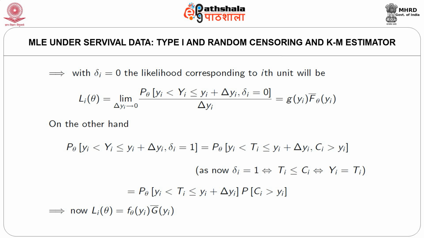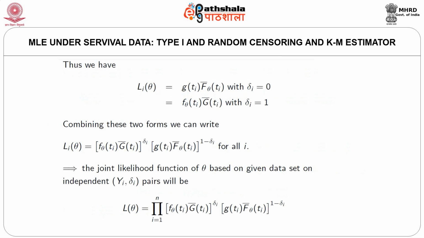Here also the likelihood capital Li theta is equal to small f theta at yi times capital G bar at yi. Therefore, capital Li theta is of the form small g at ti times capital F bar theta at ti with delta i equal to 0, and of the form small f theta at ti times capital G bar at ti with delta i equal to 1.